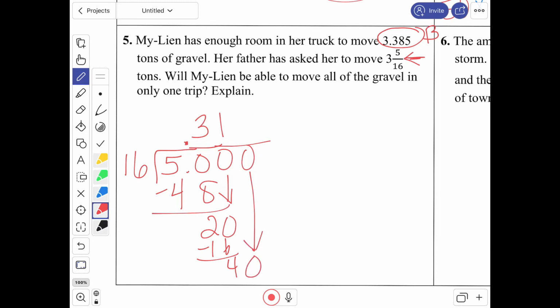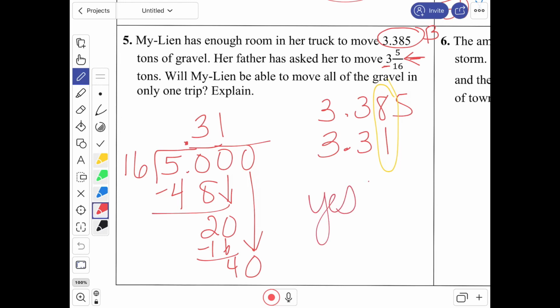I really could stop right there because the whole number for the first one is 3, and then the decimal is 3, 8, 5. And so far, we have 3, because the whole number is 3, decimal 3, 1. Those are different. I can already tell. So is the amount her dad asked her to move smaller than her truck? Yes. So it will fit. She can help.